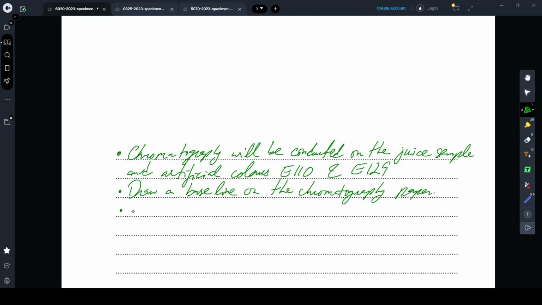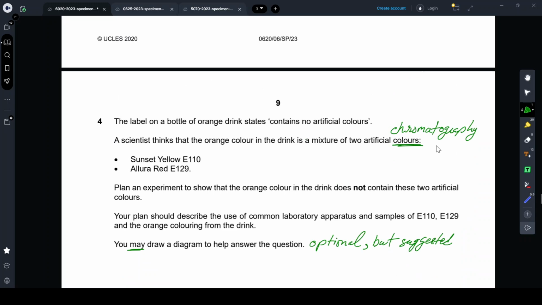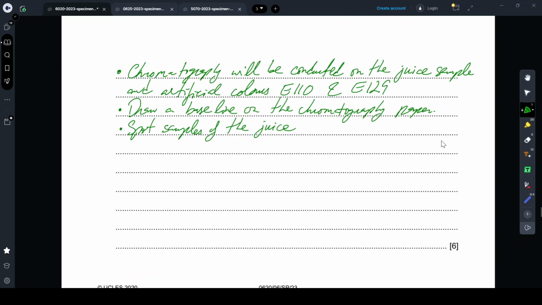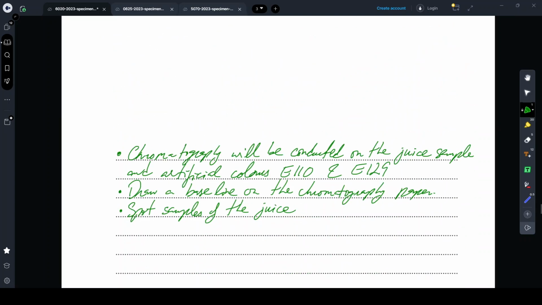Then spot samples of the juice, or is it juice or is it drink? Whatever. Right, orange drink. And the artificial colors or artificial dyes, on the baseline.